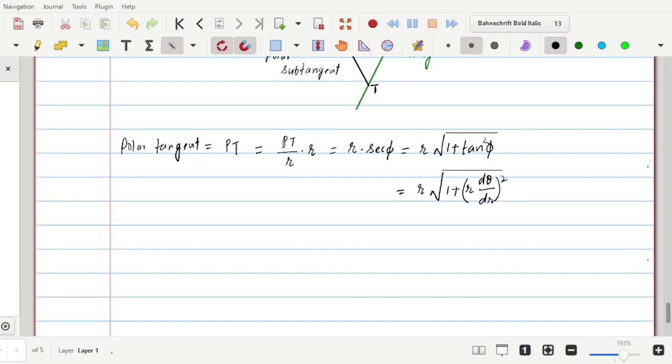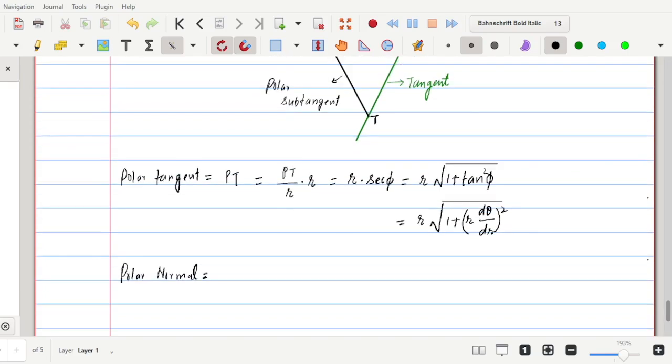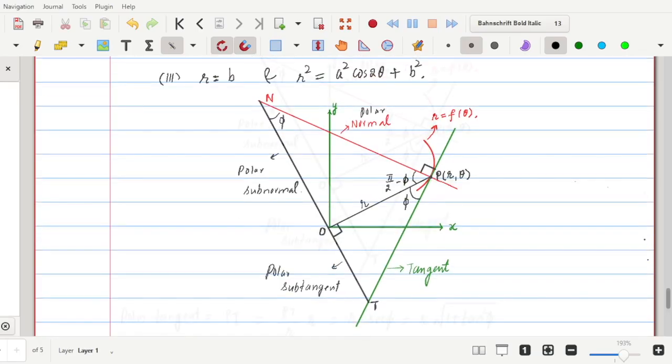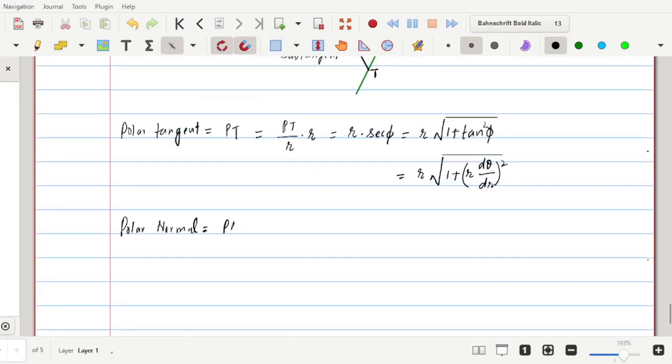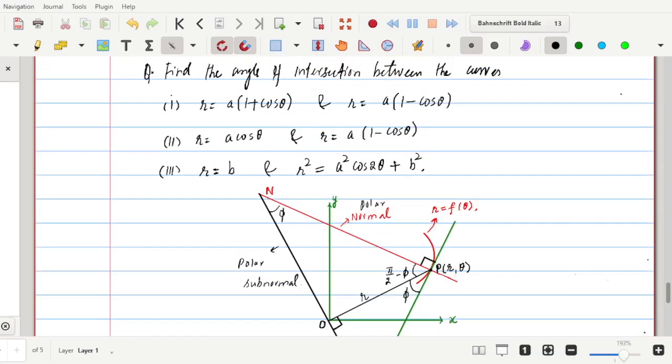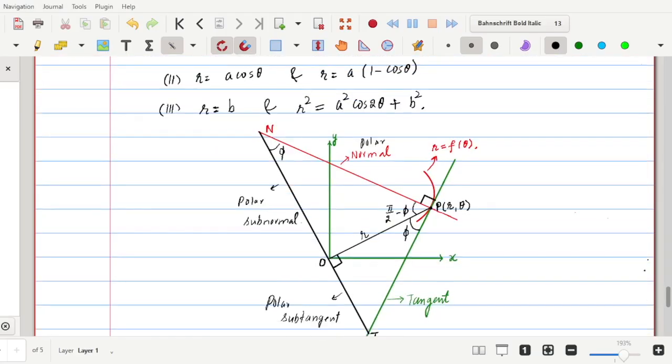Now on similar lines we can evaluate the polar normal as well. In the above figure, the polar normal is PN. So PN is the polar normal, and for evaluating the formula for this polar normal, we shall consider the right angle triangle PON. So then in PON, PN is the hypotenuse, this phi is the angle here between PN and ON.